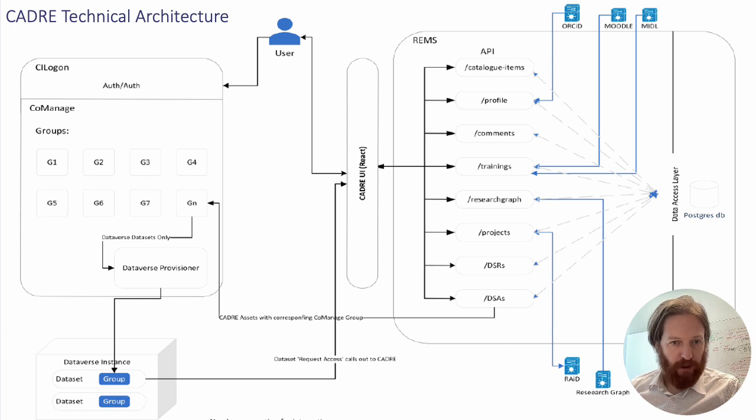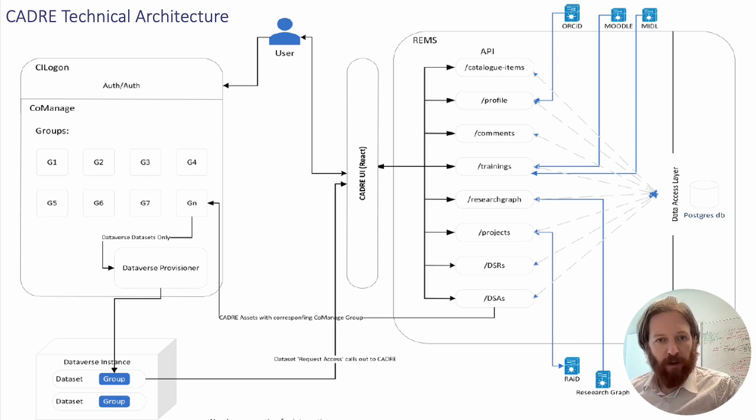Through CI Logon's co-manage tool, users are represented within groups, and these groups are linked to requests, they're linked to established research projects, and they link collaborators with one another.